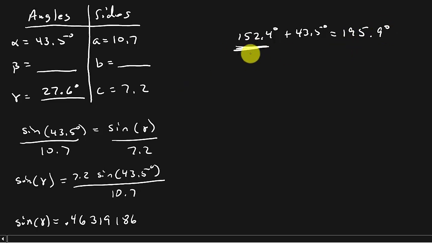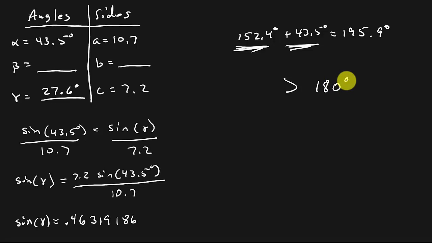Gamma 2 and the given angle together are greater than 180 degrees. So the second triangle can't be possible. Does it make sense now? Do you understand what I was saying before? I'm sitting here asking you questions like you can respond to me, but do you get it now? That's what I was talking about when you had to check.